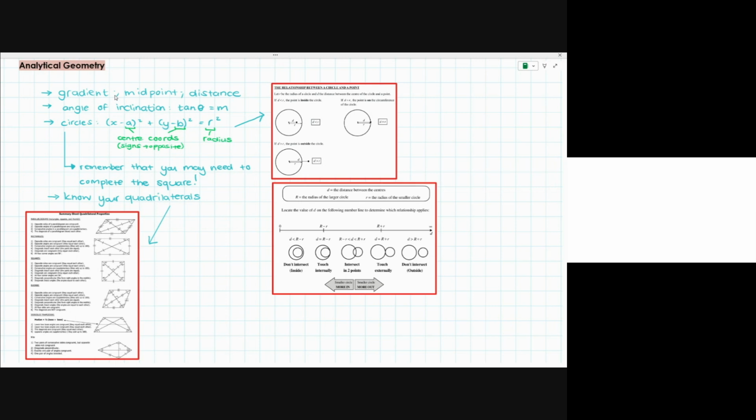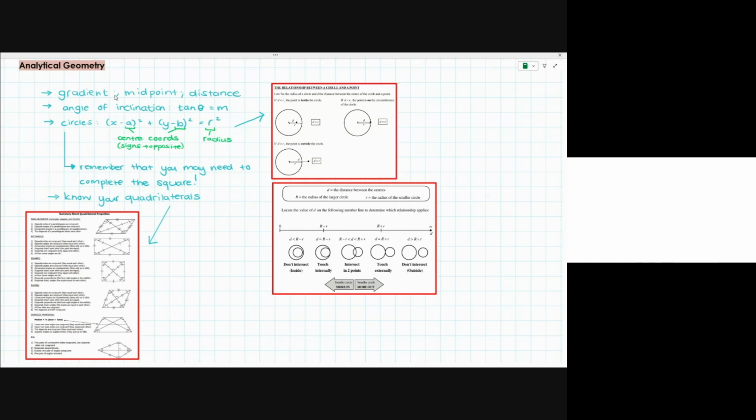But the other thing I want to say about analytical geometry is you need to know your quadrilateral properties. You can be guaranteed that you're going to be asked something to do with a quadrilateral. Either I'm going to tell you a shape is a quad, and you need to know those characteristics so that you can apply them, or I'm going to ask you to prove that something is a quad.